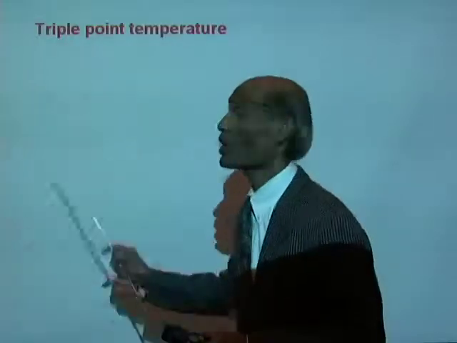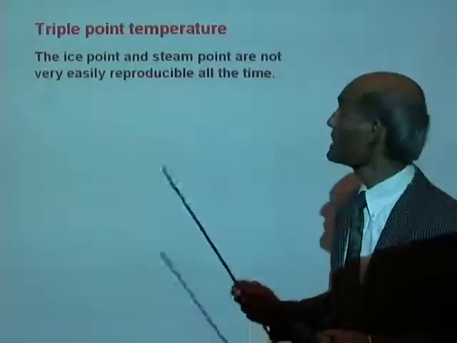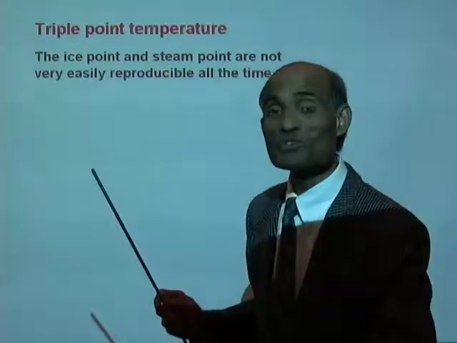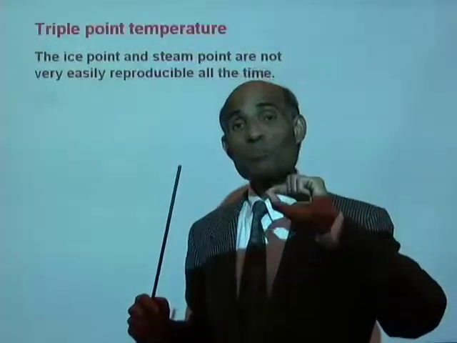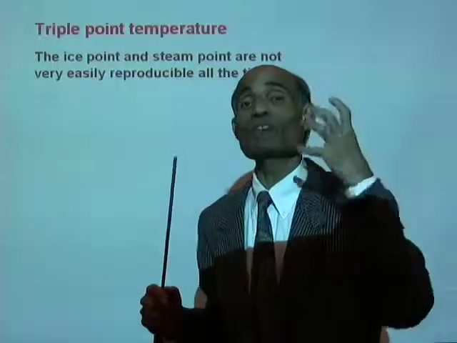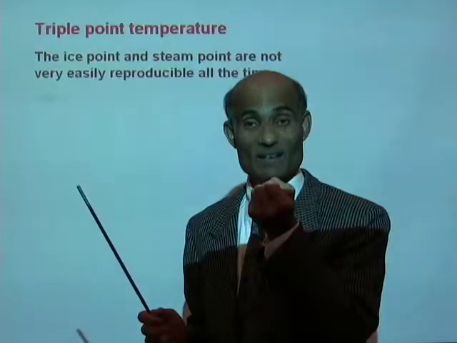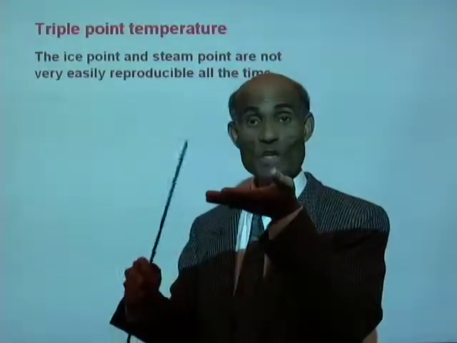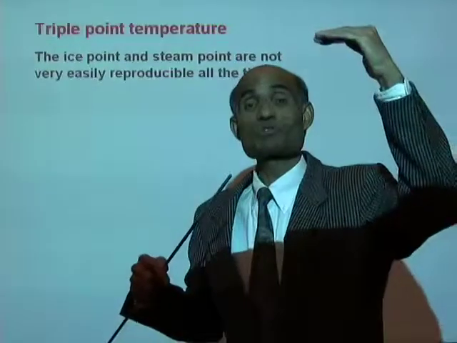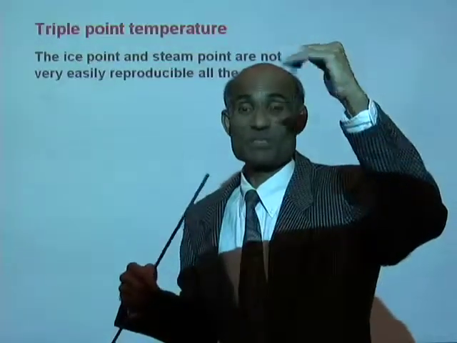Let's discuss the triple point temperature. So far we were using two fixed points, that is the ice point and the steam point. The ice point is the temperature corresponding to melting of ice at atmospheric pressure, the lower fixed point, and the steam point is the temperature corresponding to boiling of water at atmospheric pressure.